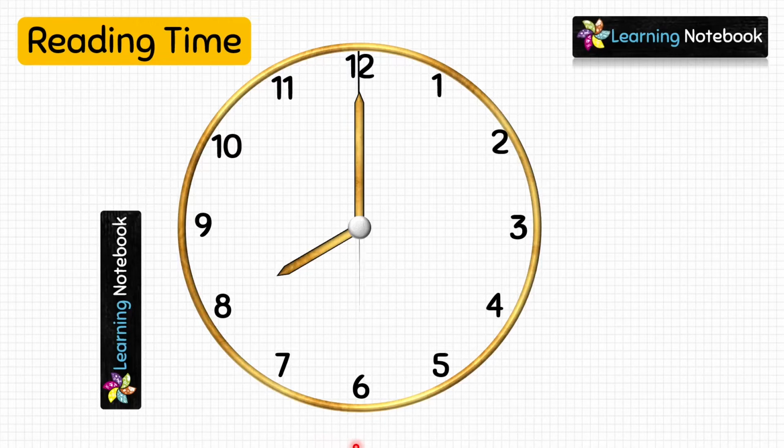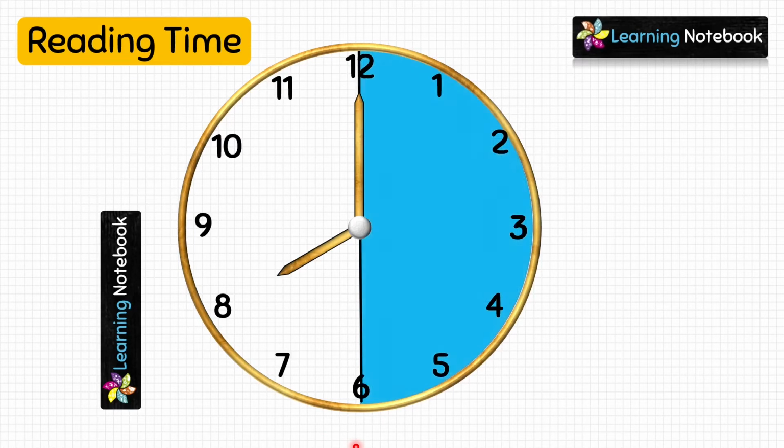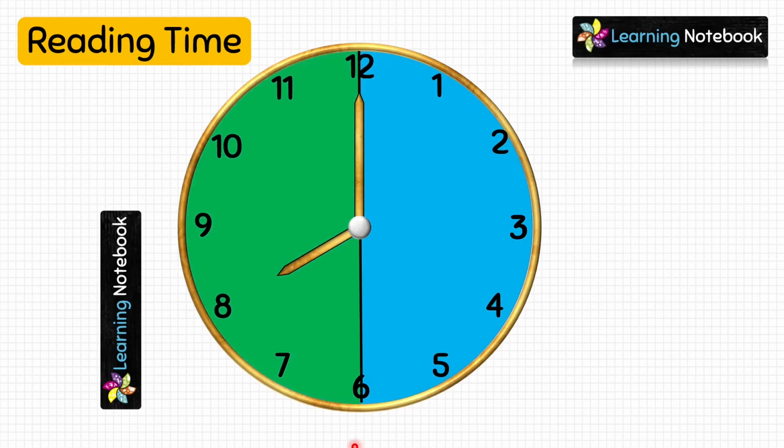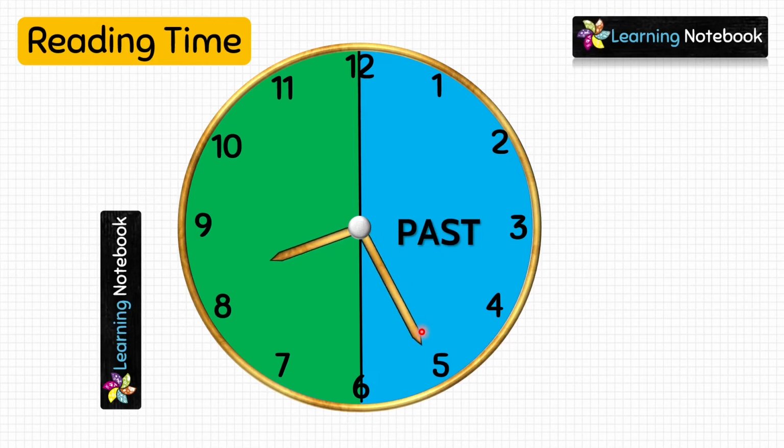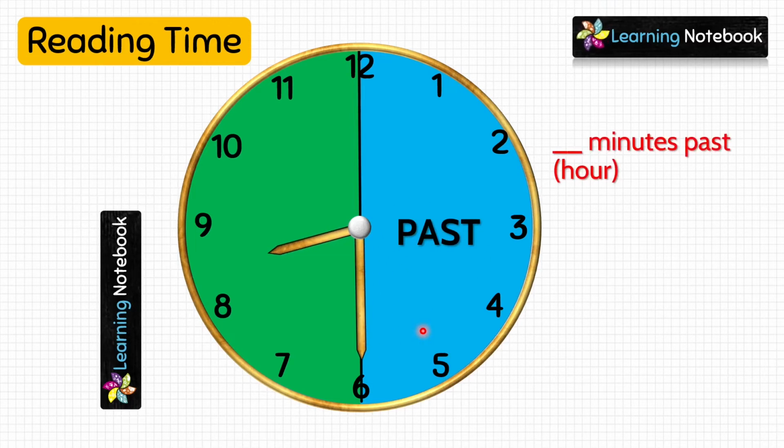Here we have divided the clock into equal parts. One is this blue part and the other one is the green part. Now students, when the minute hand is in this blue part, or we can say on the right side of the clock, then we read the time as dash minutes past hour.